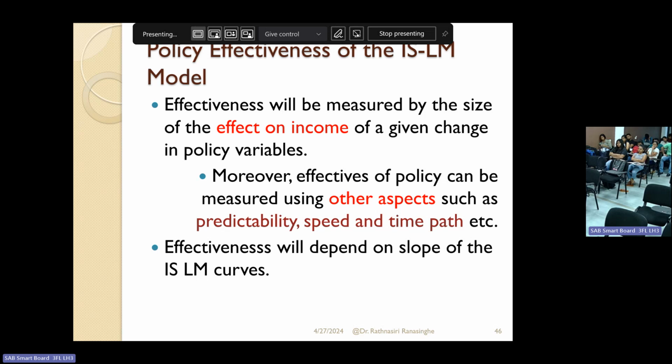Slope means whether we have steeper curves or flatter curves. So we know what factors determine the slope of the IS and the LM curve. Remember what the factors are that determine the slope of the IS.